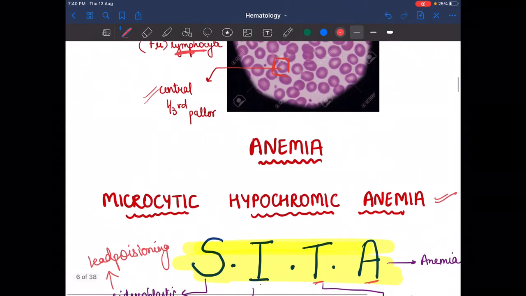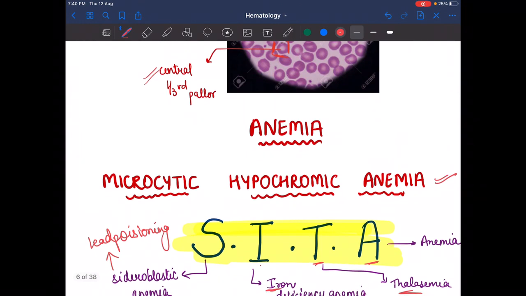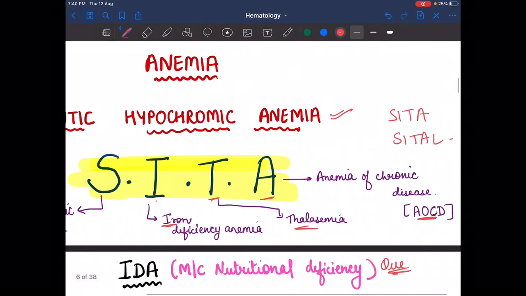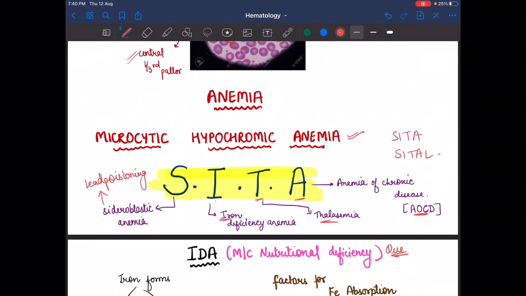Now let's move to anemia. As we all know, anemia can be microcytic hypochromic or macrocytic hyperchromic. How can we remember the examples of microcytic hypochromic anemia? We have one mnemonic, that is SITA, or we can say SITAL.